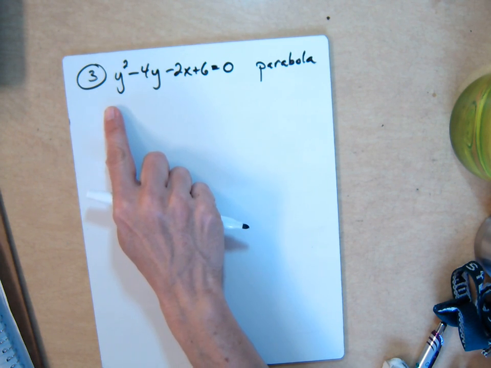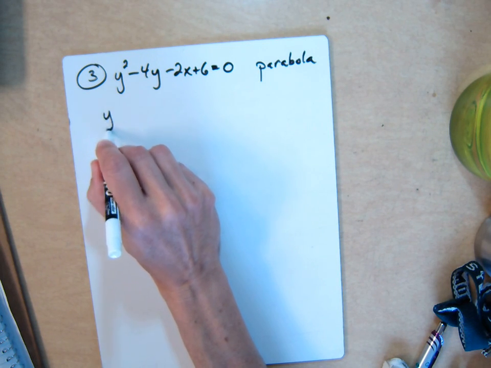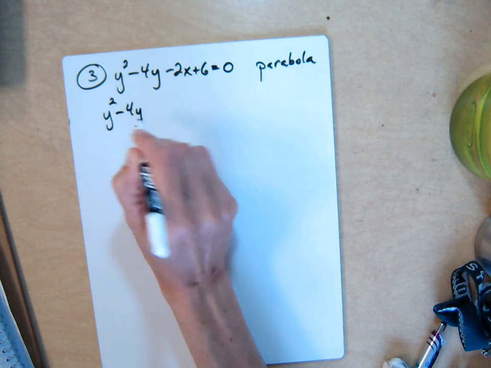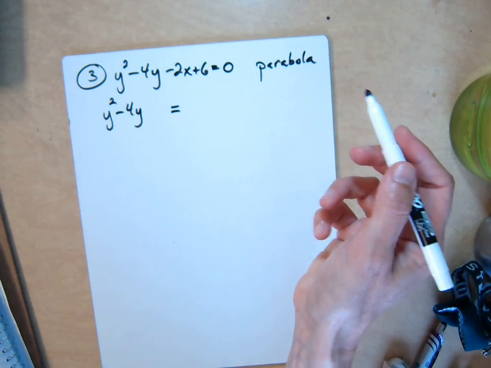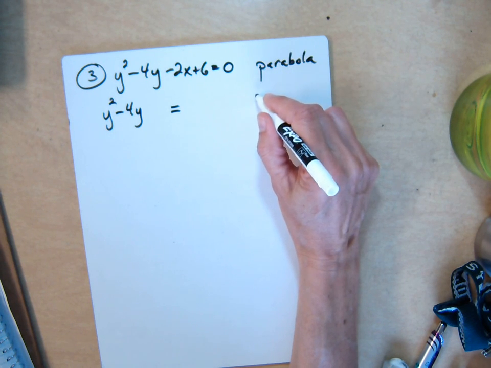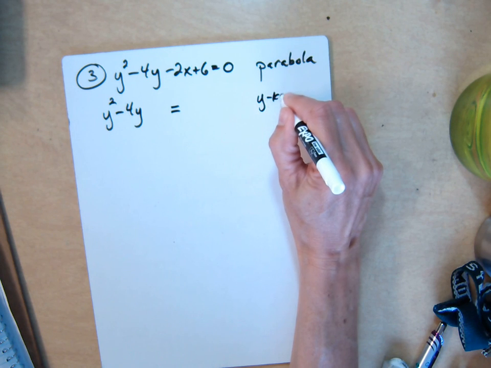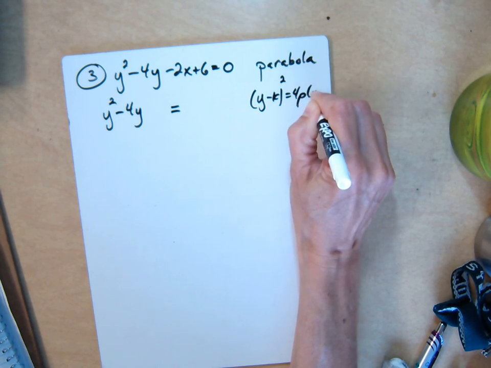Okay, so whatever one is squared, we're going to group those together on the left side. So y squared minus 4y stays together. But we have to move everything else to the right, because if you look at the standard form, and I'll write it right here, the standard form for this is (y minus k) squared equals 4p times (x minus h).